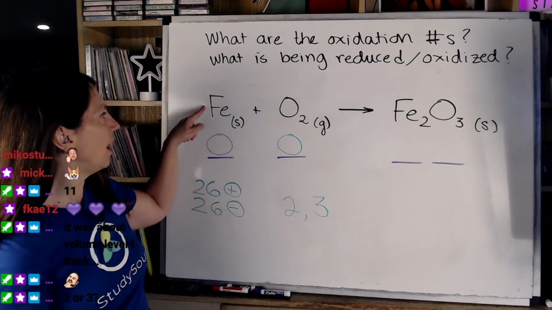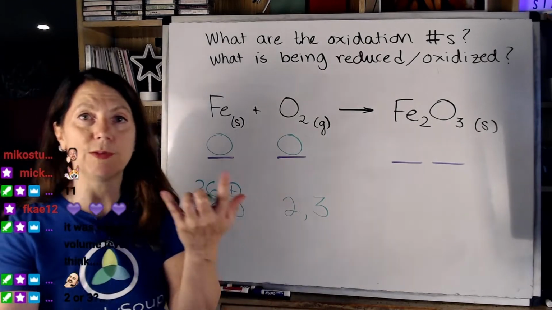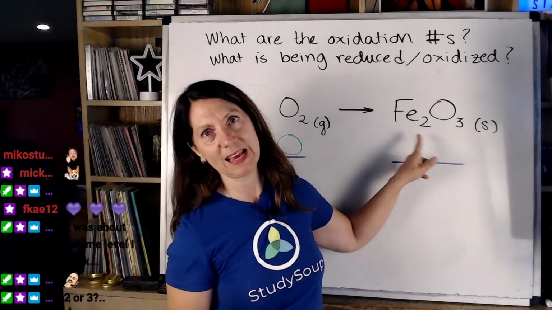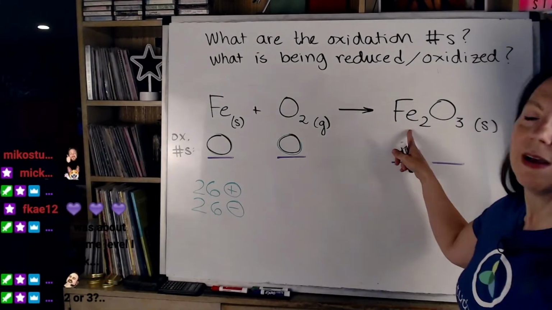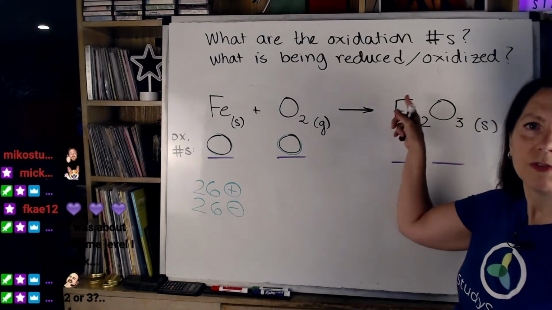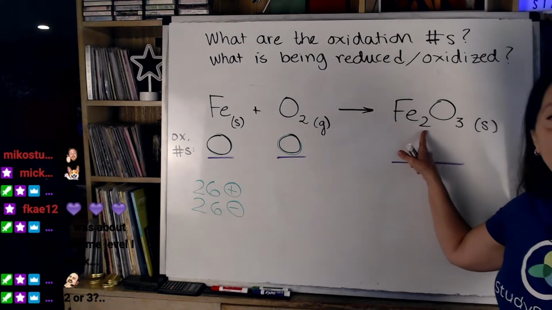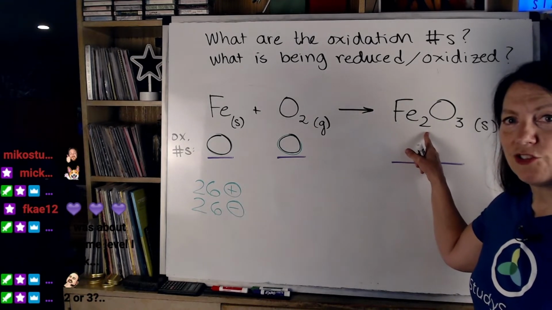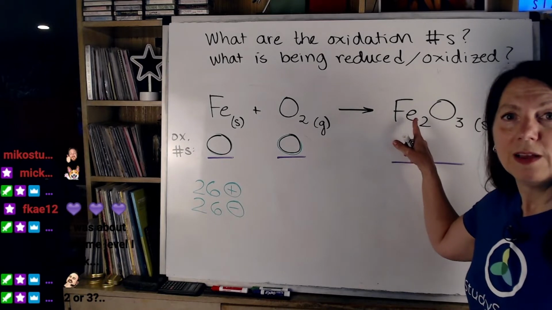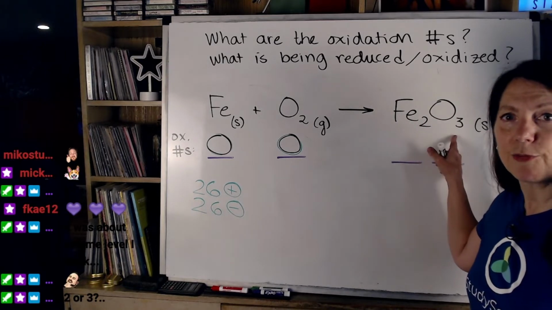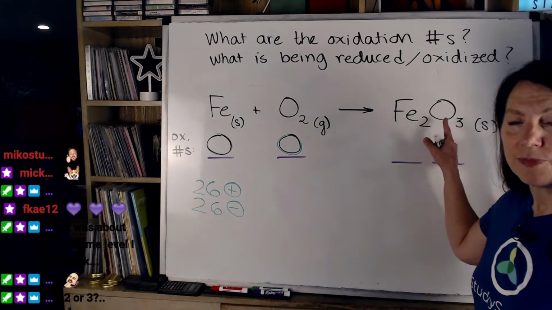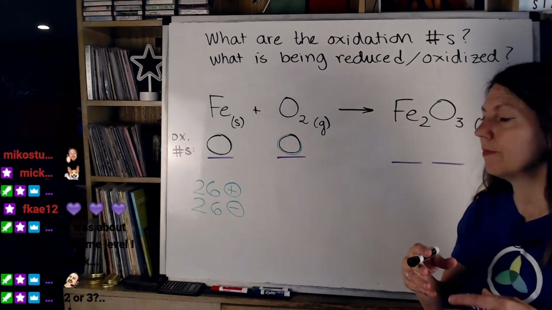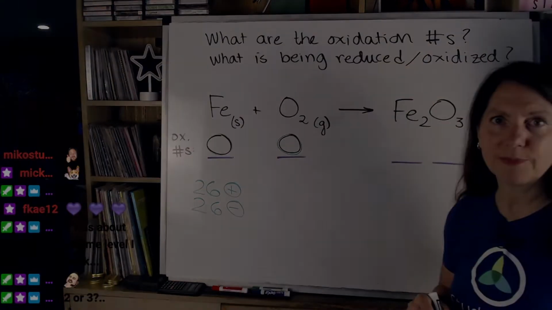And so we have 0 and 0 because we have two elements that are then combining to give us a compound. We have iron and we have oxygen in a compound together. We're told here from this formula that it has 2 irons for every 3 oxygens. This is essentially the ratio in that compound. Okay? So that's what that is telling us.